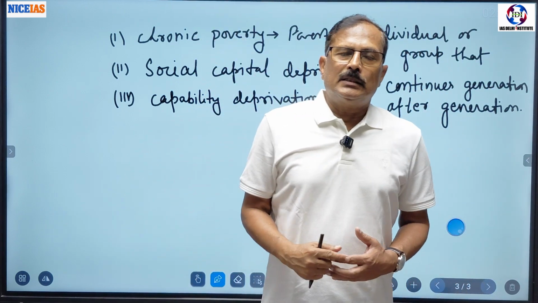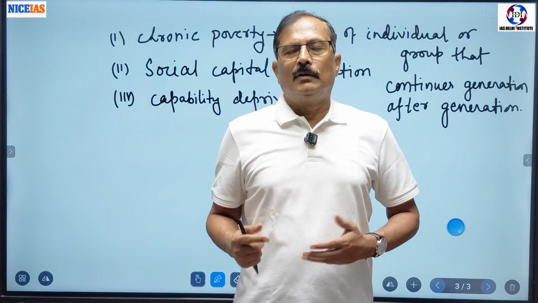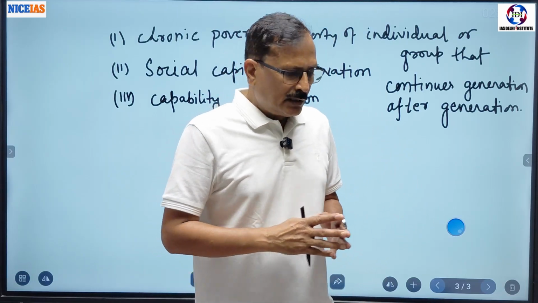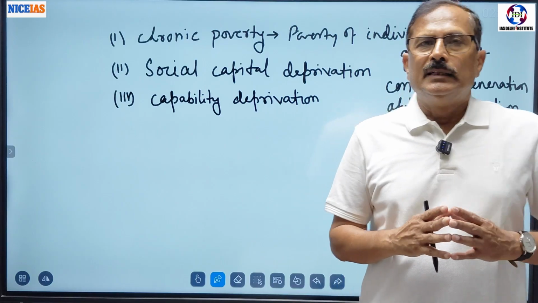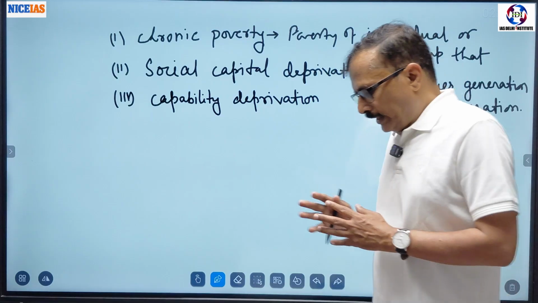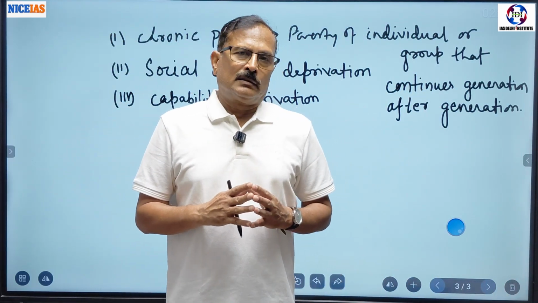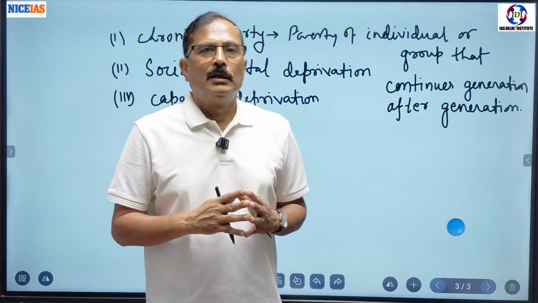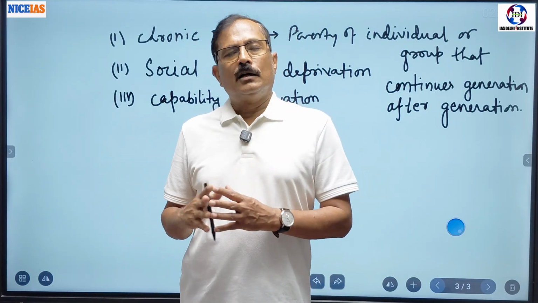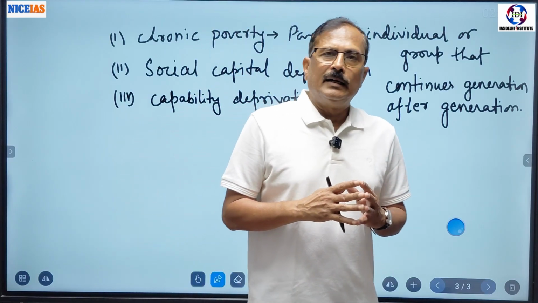So a person is in poverty, his father was also in poverty and his grandfather was also in that situation. Such type of poverty is known as chronic poverty. For example, in India, the lower castes suffer from chronic poverty as they are not the owners of land.